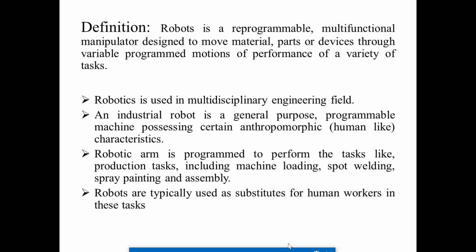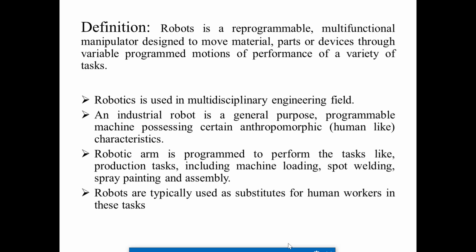It has a reprogrammable function and a multifunctional concept, and it is responsible for moving material, parts or devices from one place to another through a set of programs given to the robot. Reprogrammable means we can add multiple or different programs to a robot: if you add one program, we can erase it and load another program. And it is multifunctional.